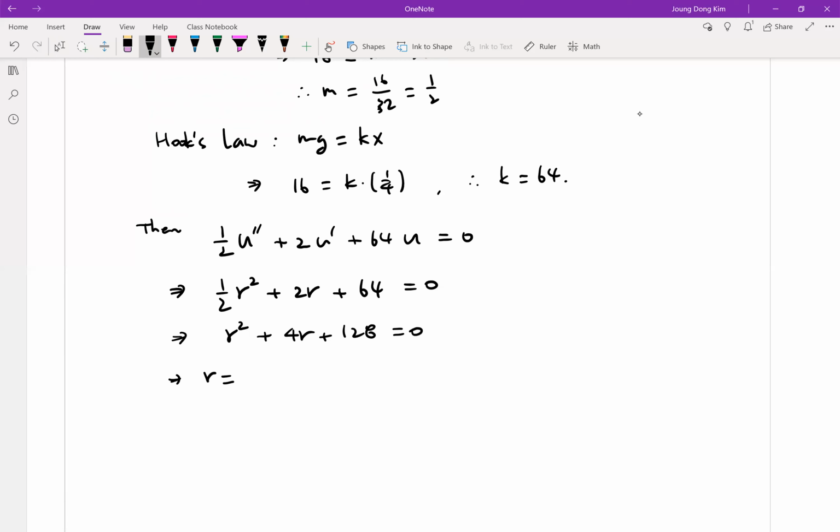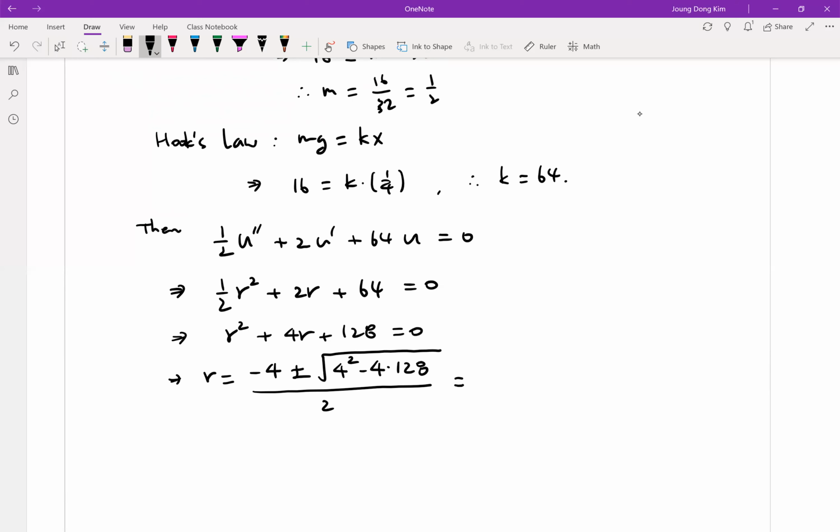Your r is equal to minus b plus and minus square root of b squared minus 4 times 1 times 128 over 2a, okay? Let me simplify this.